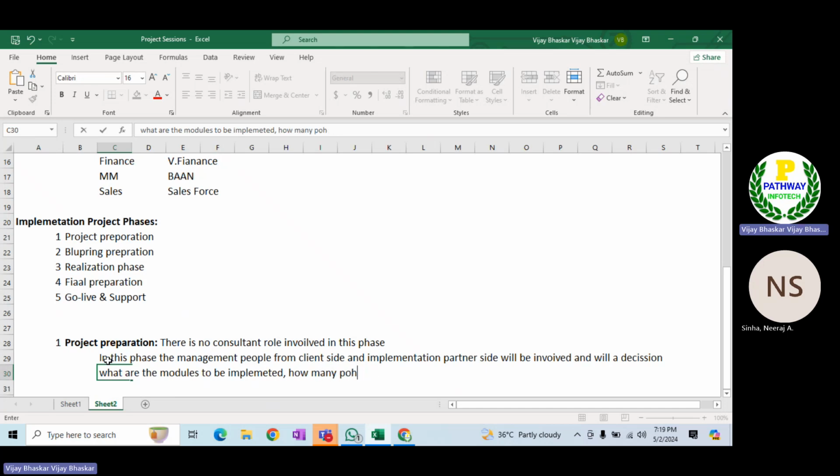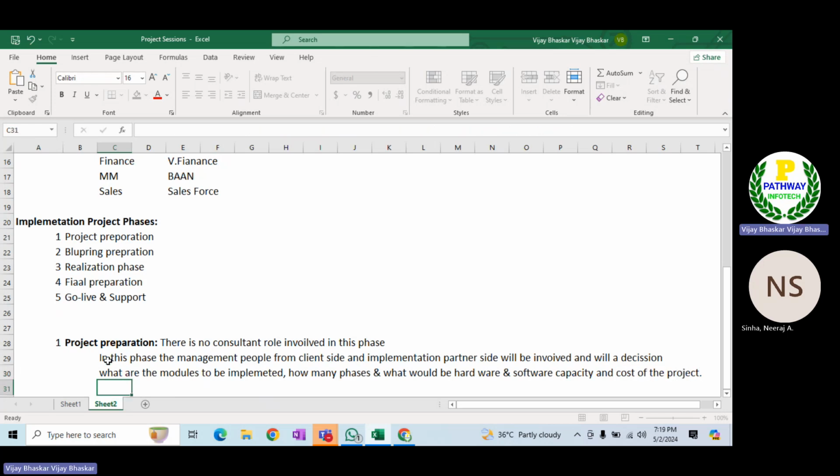and how many phases, and what would be the hardware and software, capacity and cost of the project.